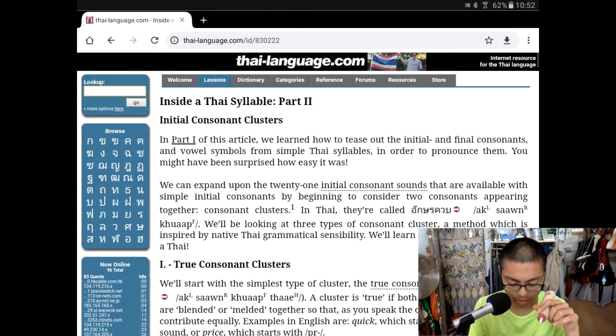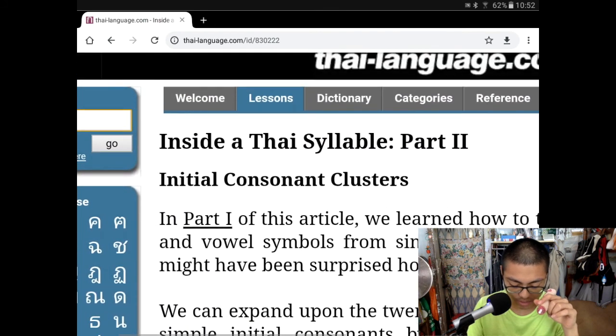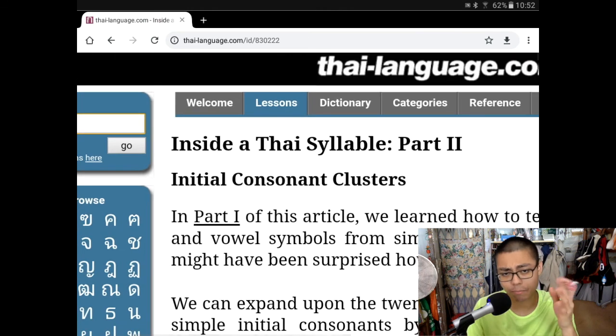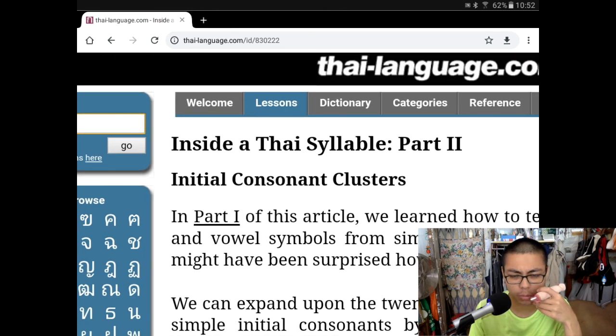So this is what it looks like inside a Thai syllable part 2. Of course we have part 1, but I think there's no need for me to talk about part 1 because there's nothing new.